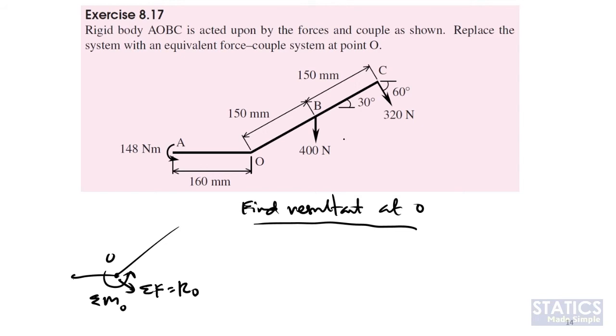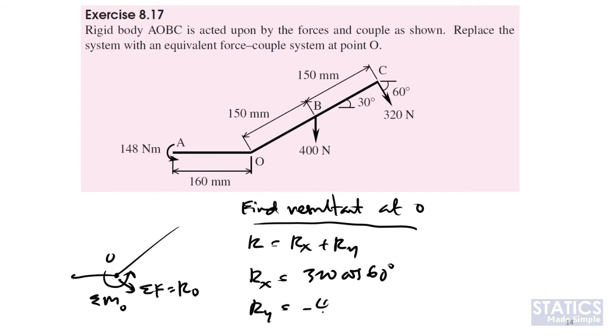In this case, we have two forces. If we want to do it along the x and y axes, the resultant is the sum of components along x and y. So Rx should equal 120 cos 60 degrees. Only this 320 has a component along x; the 400 Newton has no component along x. Then Ry equals minus 400 minus 320 sine 60.